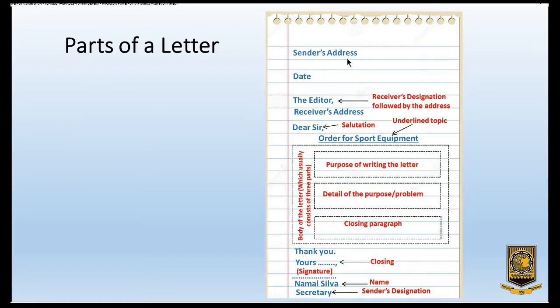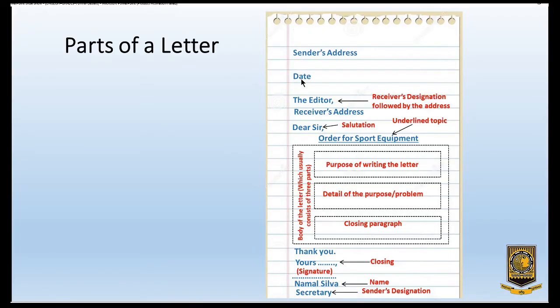I hope you are familiar with writing your own address from the former video, because I taught you how to write the address with the punctuation. Then you have to include your address. If you are writing as a school student on behalf of the school, you can put the address of the school, or you can have your personal address here.